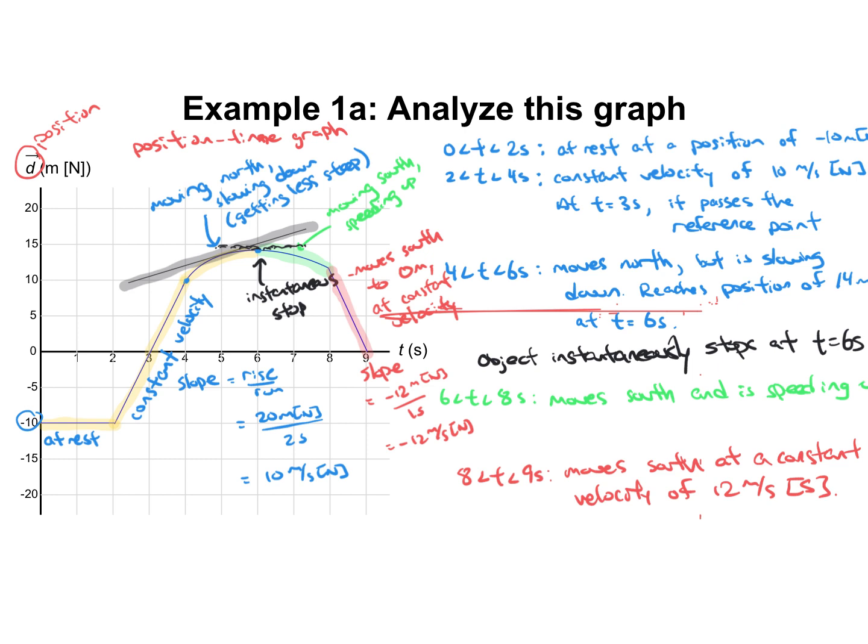Okay, so I did that. I drew a tangent line just grazing the graph at the 5 second mark. The slope of that line is supposed to represent instantaneously how fast the object is going at 5 seconds. So I'll write that down at the bottom here. A tangent line is drawn at t equals 5 seconds.